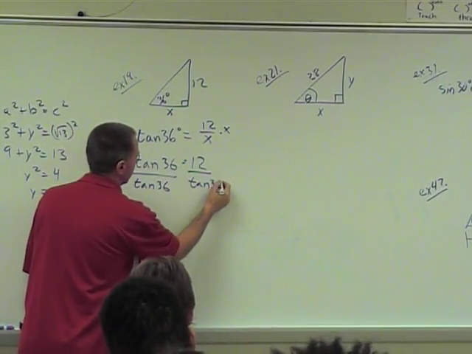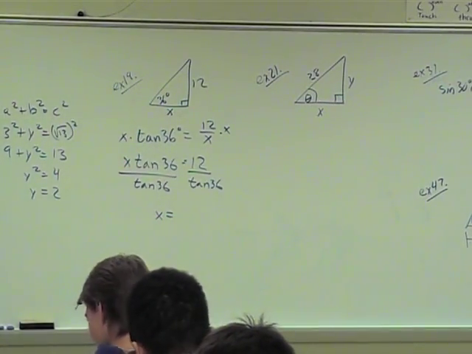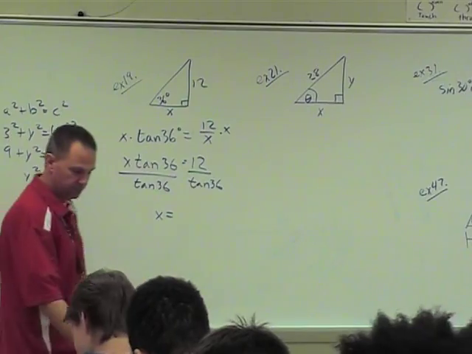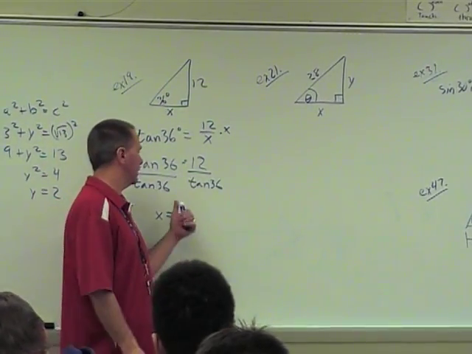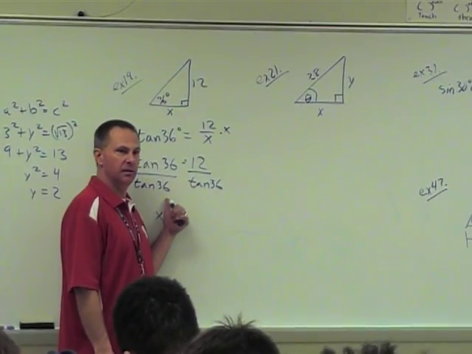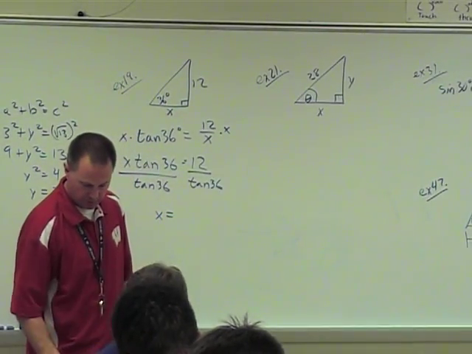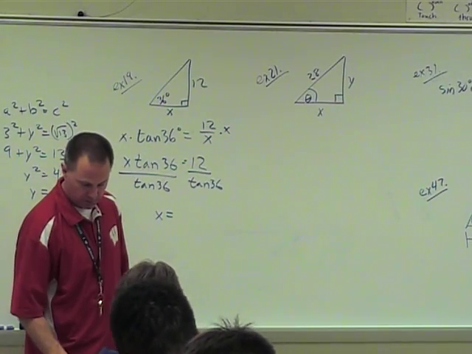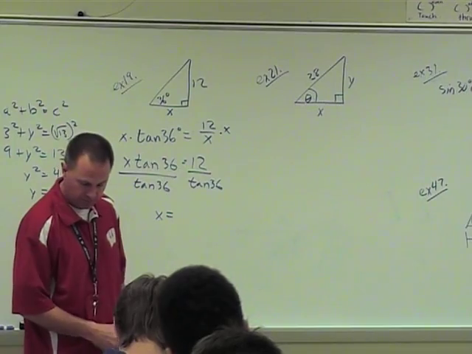And use your handy-dandy calculator. Okay? And just make sure you're in degree mode. We're dealing with degrees, right? We're dealing with degrees. Make sure you are in degree mode. 12 divided by the tangent of 36.